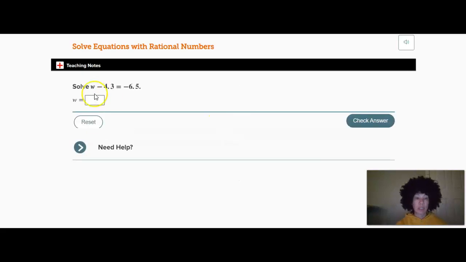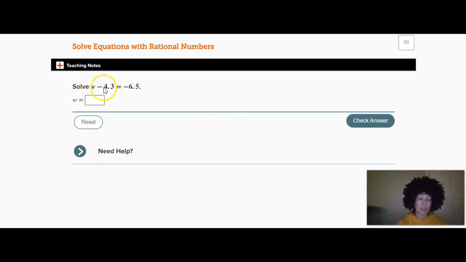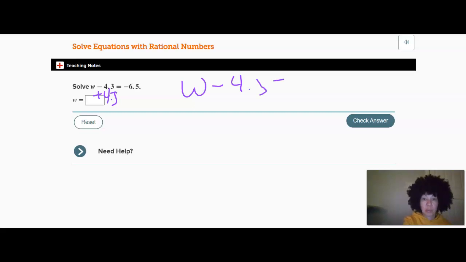Let's look at another example like this. Again, we solve these the same way. So rational, decimals or fractions, is essentially what they're talking about here. W minus 4.3. So if I want to get W by itself and we're subtracting, then what's the inverse of subtraction? Right, addition. So we're going to add 4.3 to both sides.